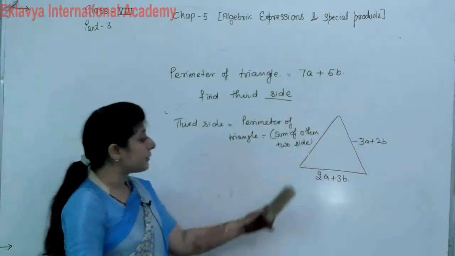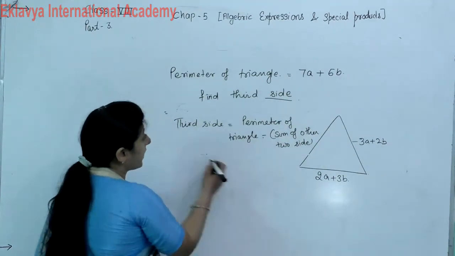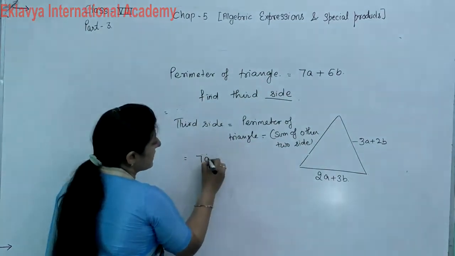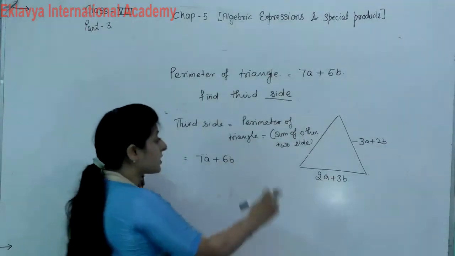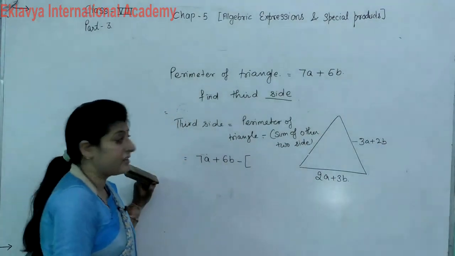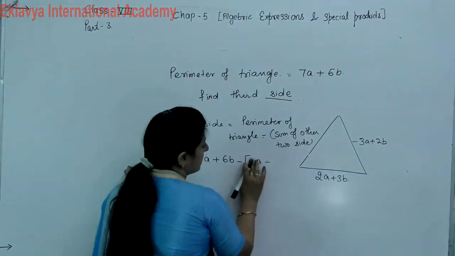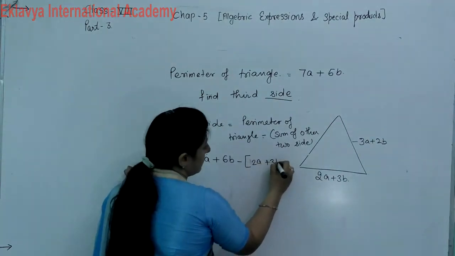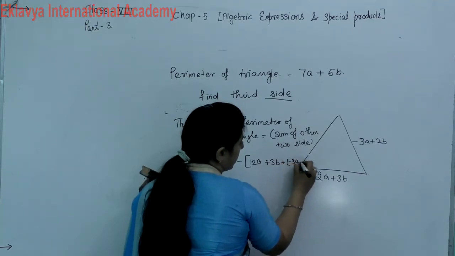We take the sum of these and then subtract it from the perimeter of the triangle. What is the perimeter of the triangle? 7a plus 6b. Now the sign is negative. Bracket, the addition of these two things, 2a plus 3b. Here the negative sign, then plus, firstly put it in parentheses.